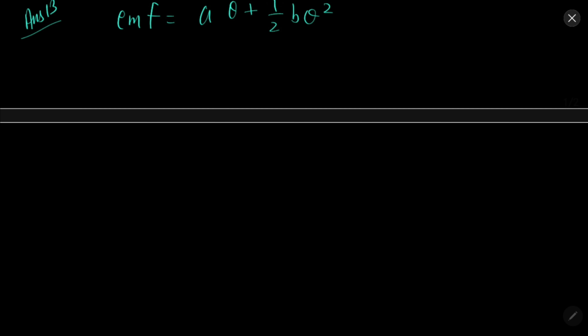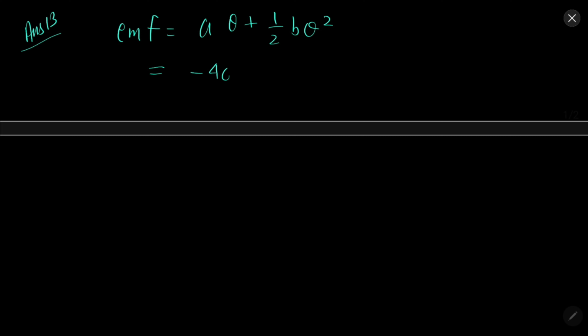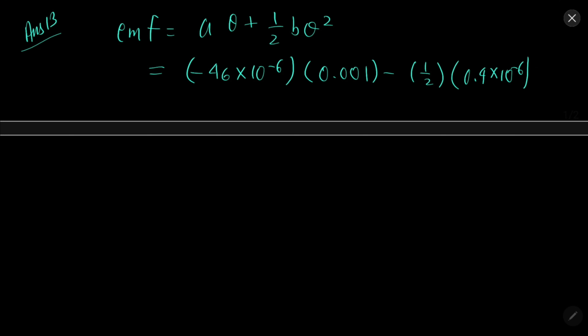Putting their values, minus 46 into 10 to the power minus 6, into 0.001, minus half, 0.48 into 10 to the power minus 6. This minus is because this term is in minus, and theta square is 0.001 square. EMF will be minus 4.6 into 10 to the power minus 8 volt.